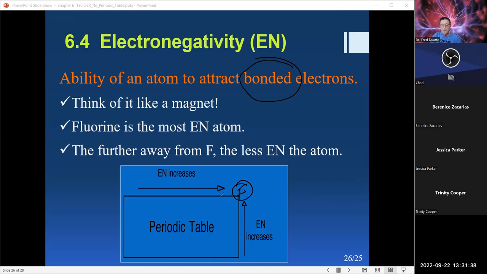So if I'm going to compare, let's say, carbon to nitrogen, and I'm looking at a bond between carbon and nitrogen, the question may be, who's pulling the electrons greater, nitrogen or carbon? To answer that, I first find their position relative to fluorine, okay? Nitrogen is much closer to fluorine than carbon.